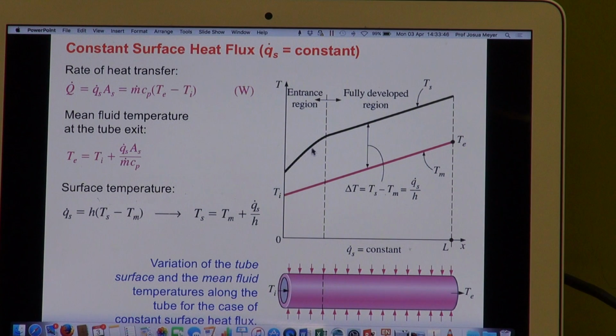This is the part where the flow is still developing, and after the flow is fully developed, then that temperature difference there will be a constant. We can also make use then of, when we do a little bit of derivations, we can actually calculate the surface temperature as a function of the heat flux and the heat transfer coefficient.